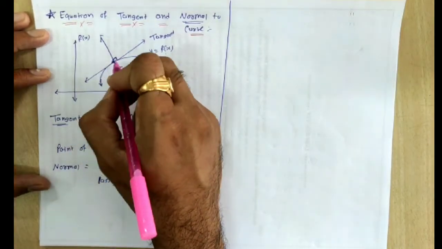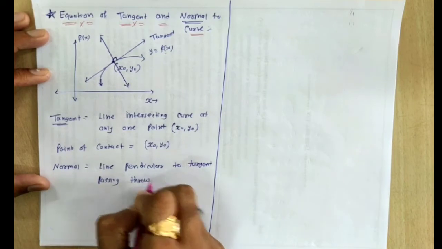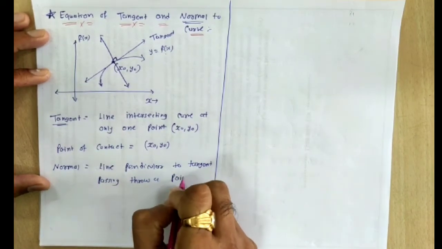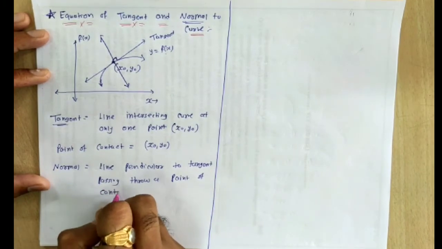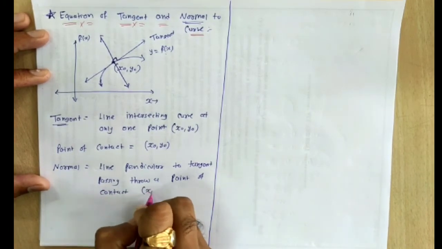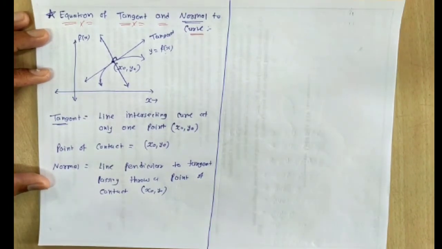Perpendicular to tangent and passing through the point of contact. Line is passing through x0, y0. So that line is known as normal to a curve.